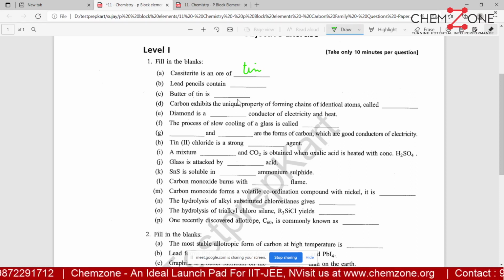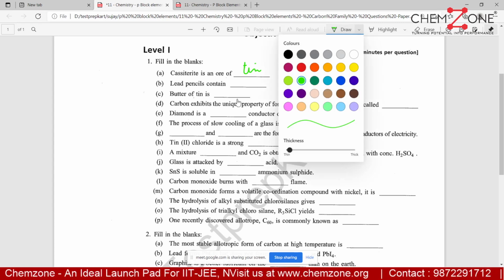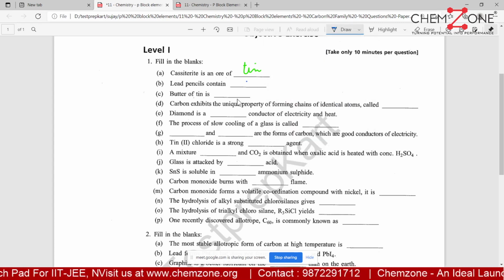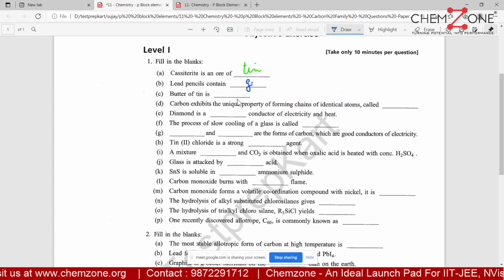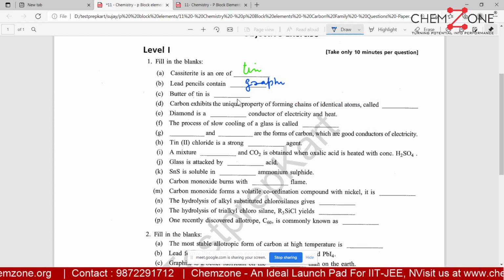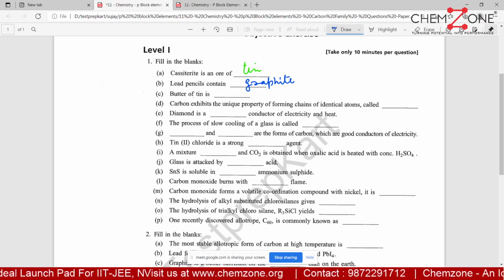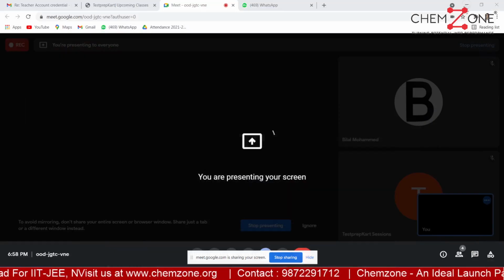Lead pencil contains what? Carbon, graphite. Butter of tin is, do you know what butter of tin is? No? Okay, wait.